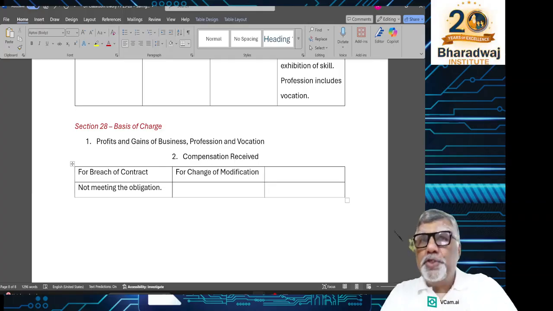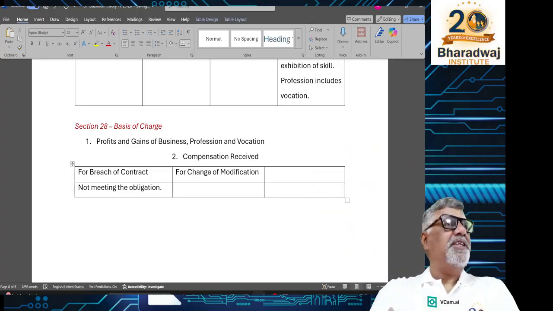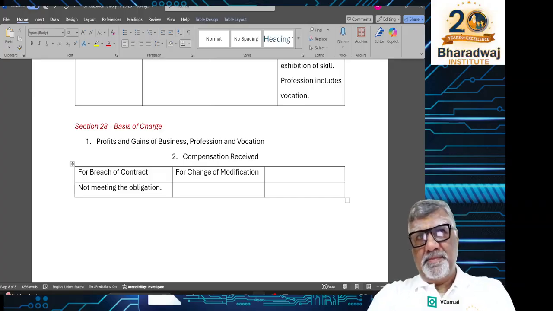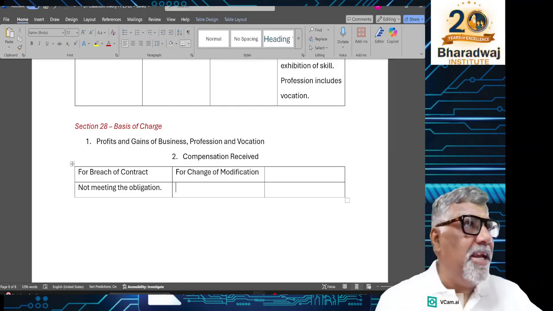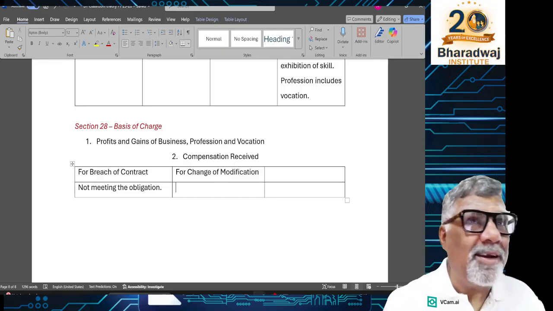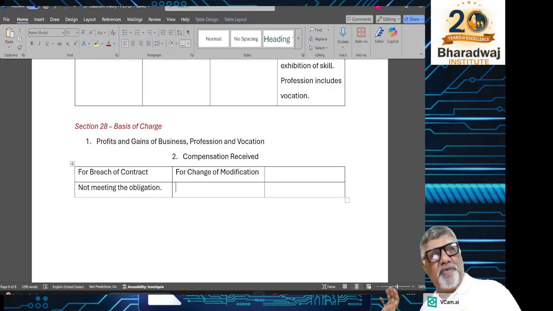Let's take that I am a company, I am appointing her as my agent for the region of Chennai for a period of 5 years. At the end of the second year, either I am terminating or modifying her contract. She says, thinking that you will be with me for 5 years, I have invested in the infrastructure and so many things.